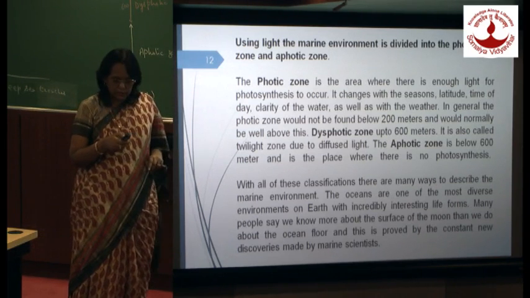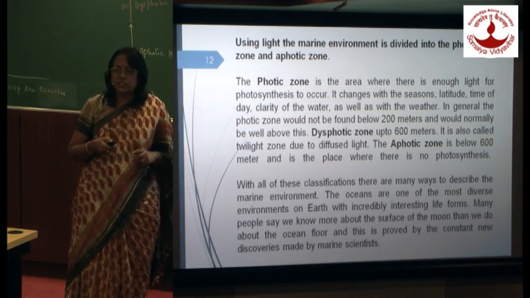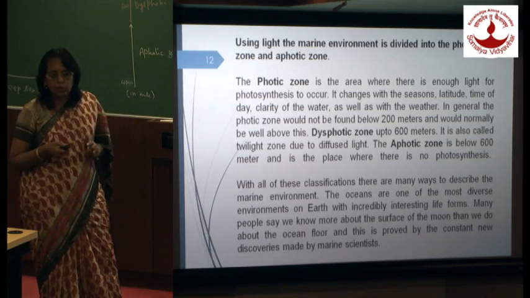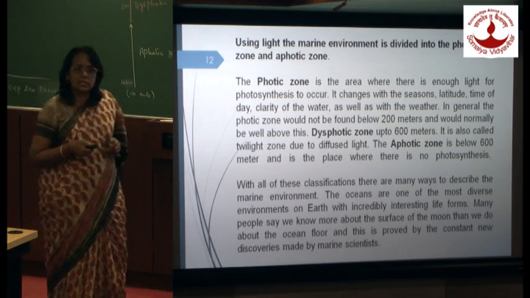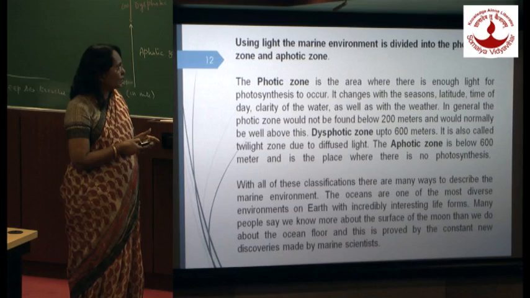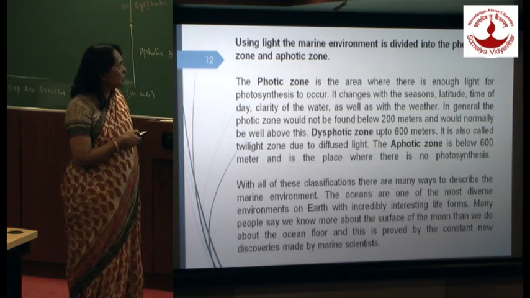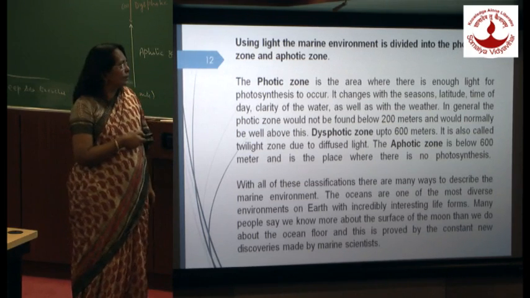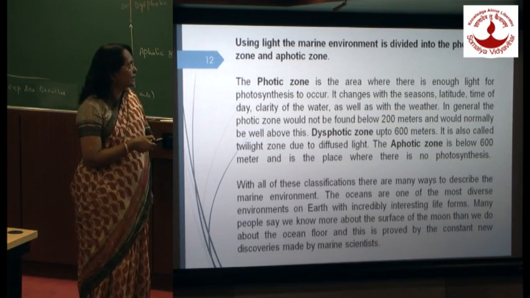Because this is the most, how much research work is going on. There are a lot of expeditions, there are a lot of voyages which are being carried out, but there's still a lot remain which is still a mystery. Therefore, we can say that oceans are one of the most diverse environments on Earth, with incredibly interesting life forms.